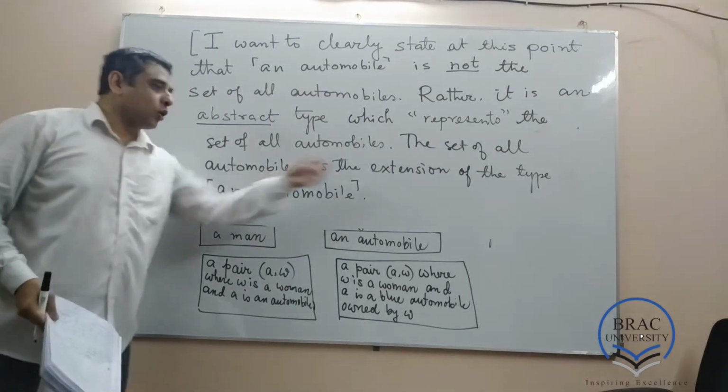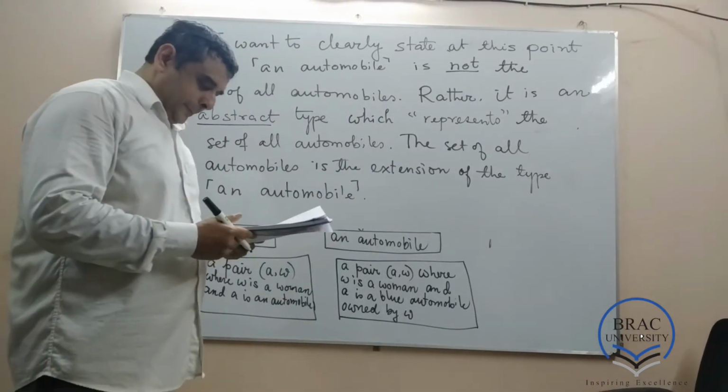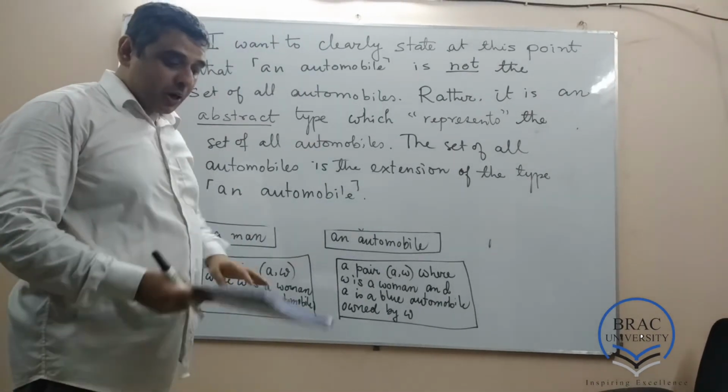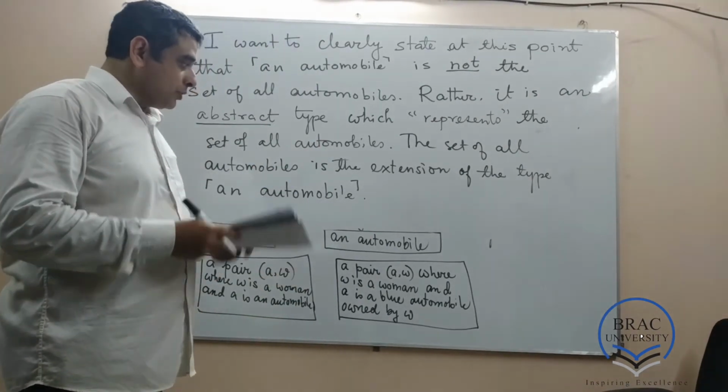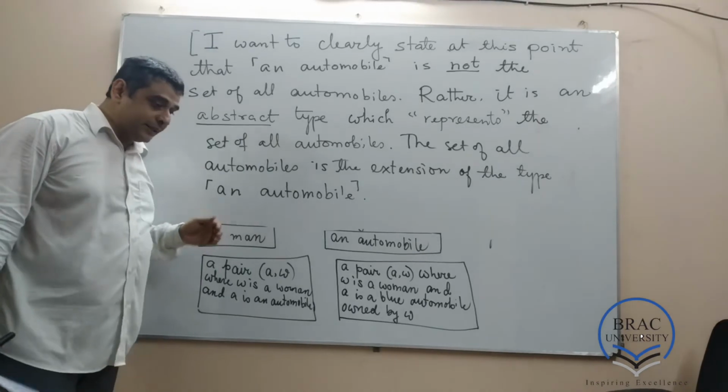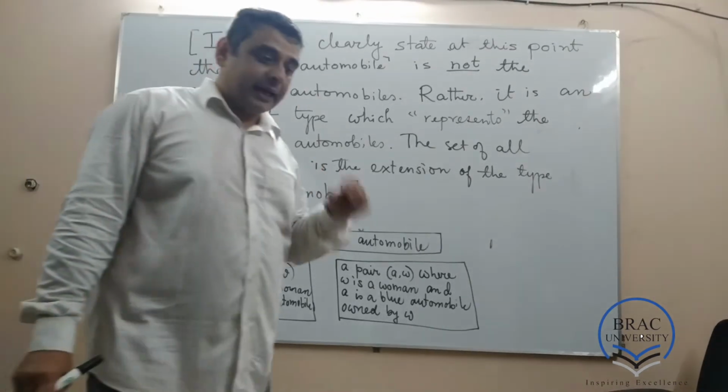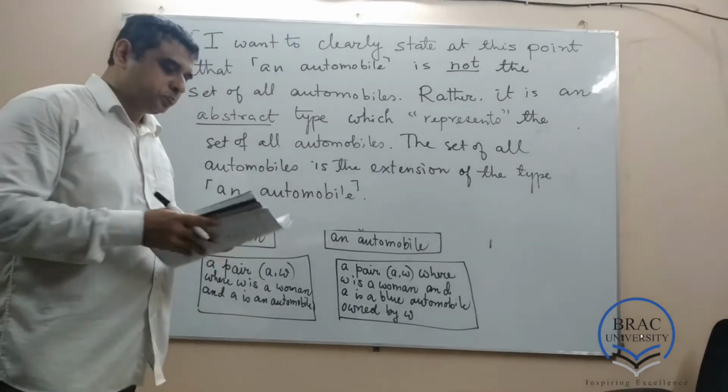It includes these common symbols. So you need to really think about it very closely, because there is a subtle distinction between this type and the set that this type represents.